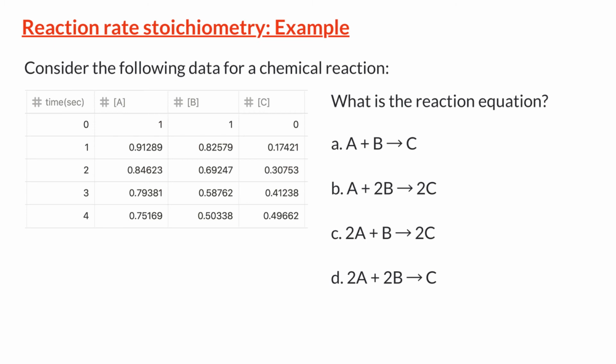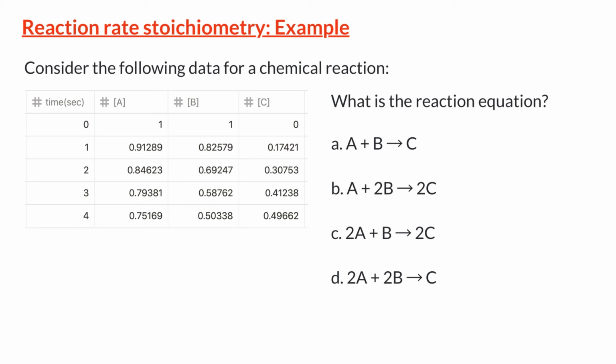Let us now do an example problem. Consider the following data for a hypothetical reaction. We have concentrations of A, B, and C at various time points. What is the reaction equation? That is, we need to find out the stoichiometry of the reaction equation.